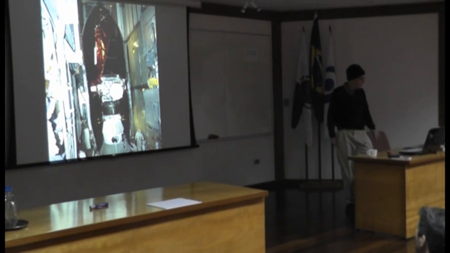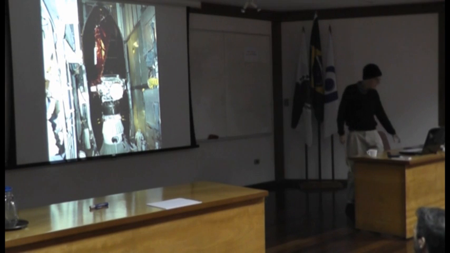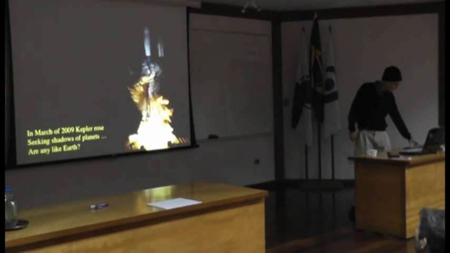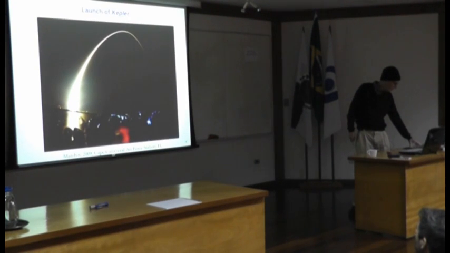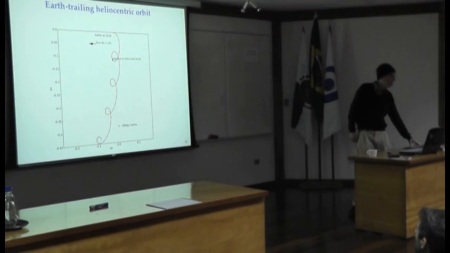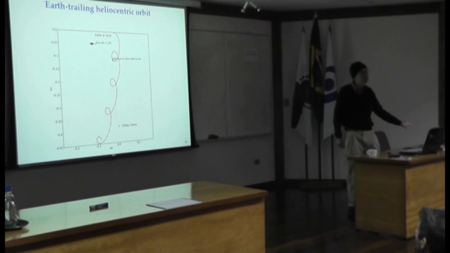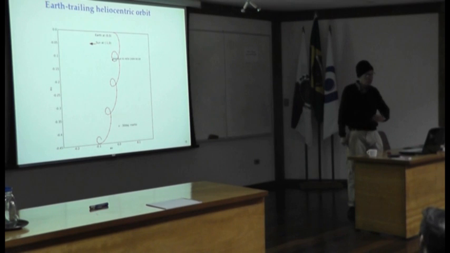Here is the telescope inside the rocket. Launch. The orbit: it was to escape Earth, because you don't want all the thermal variations from being in eclipse from Earth. You want as stable an environment as possible.